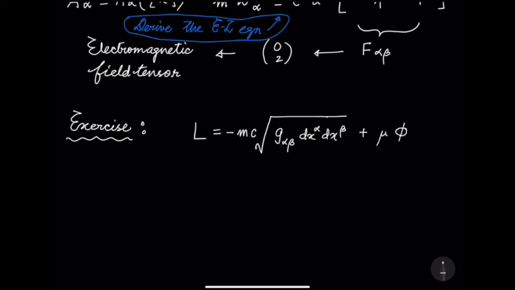Phi is a scalar which depends on x alpha, x and u both. Okay. So this is a very typical type of Lagrangian. So just figure out what is the Euler-Lagrange equation for this Lagrangian.